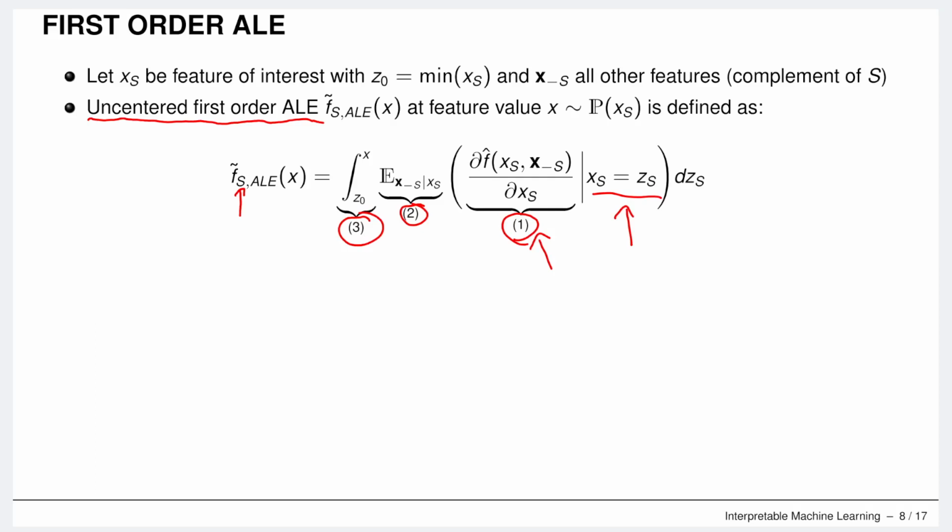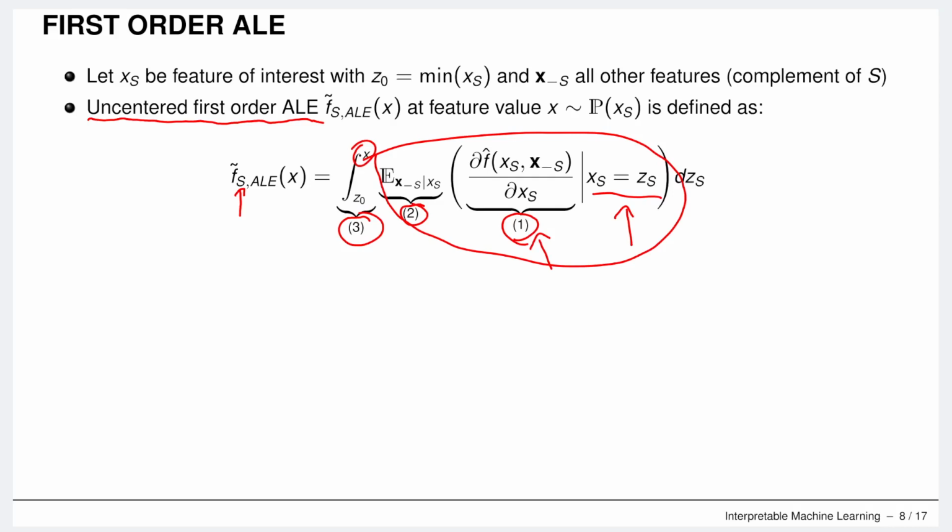So essentially, here we have an aggregate of local effects. After averaging these local effects, we are integrating them up to a certain point x in order to be able to visualize it. But again, we will see this in an example later on.